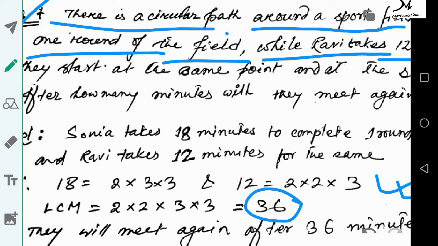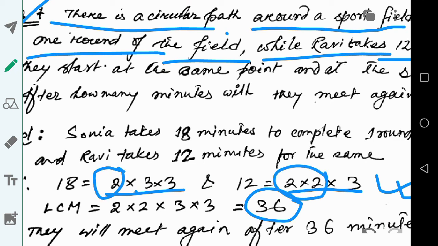Here you see, 2 into 3 into 3, and here we have 2 into 3. In order to find the LCM, this consists of 2 and this also consists of 2, but we need to take the maximum number of 2's. This prime factorization also consists of 3 and it also consists of 3, so we have to take the maximum number of 3's.